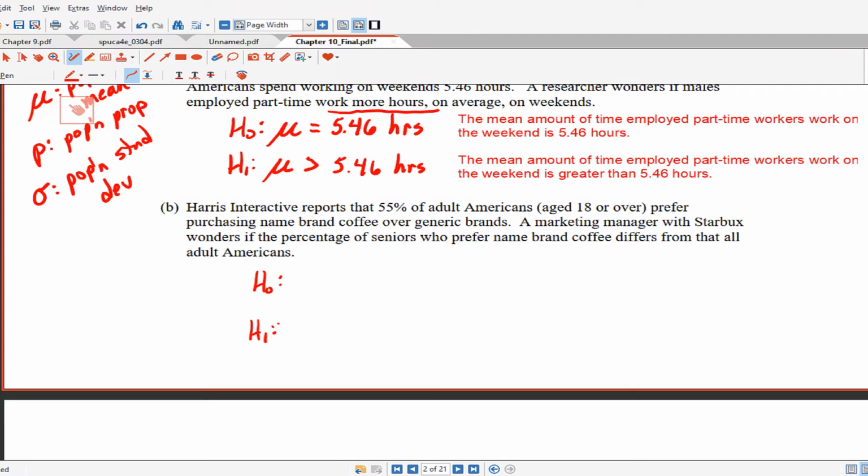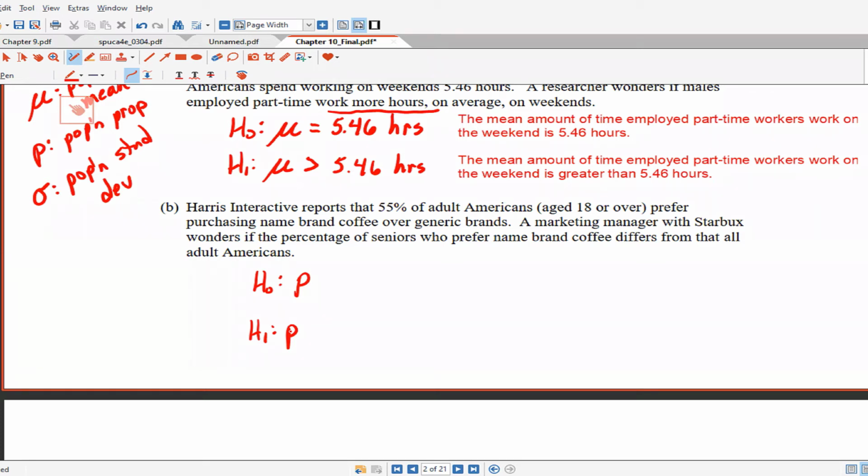Adult Americans aged 18 or over. Well, that's the population of interest. That's not the parameter, though. This would be a proportion. And you can think about it this way. When we're asking, do you prefer name brand over generic or not?